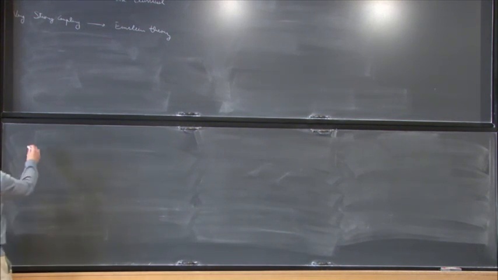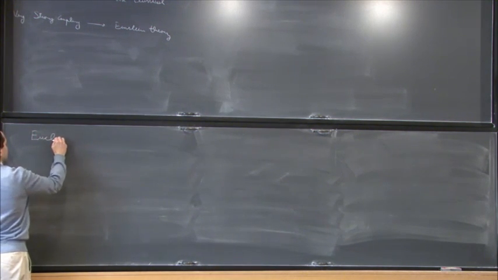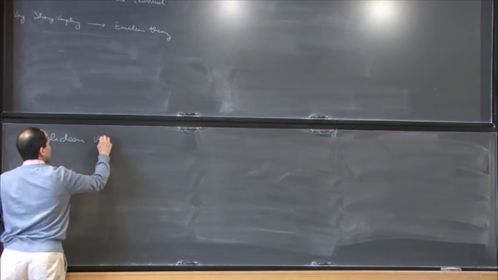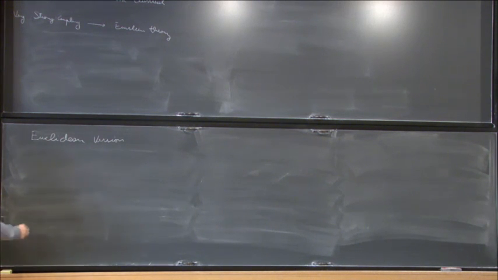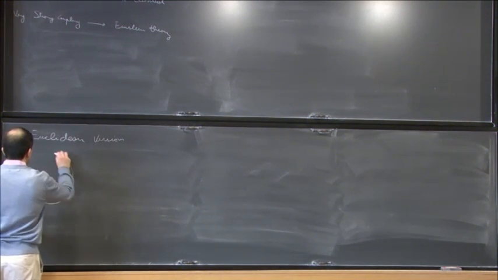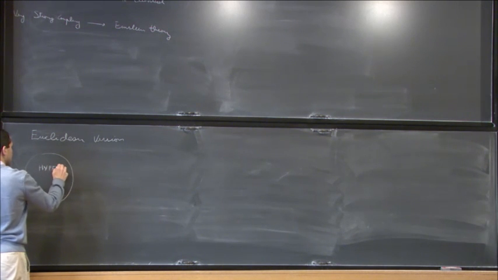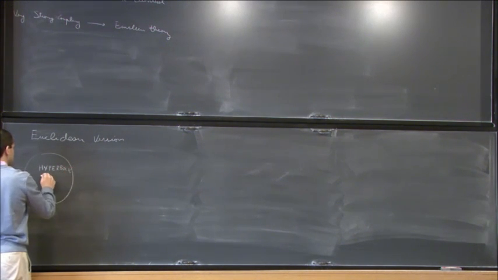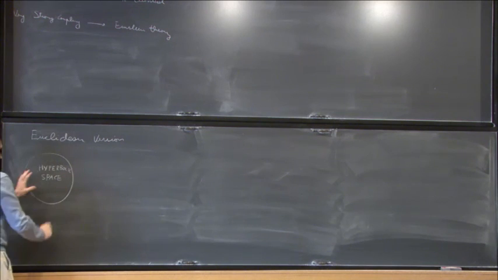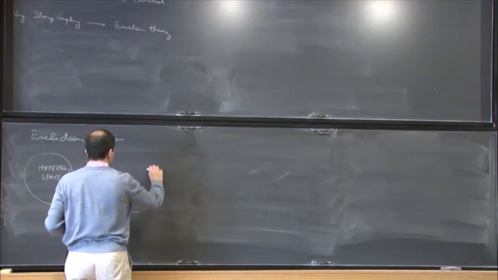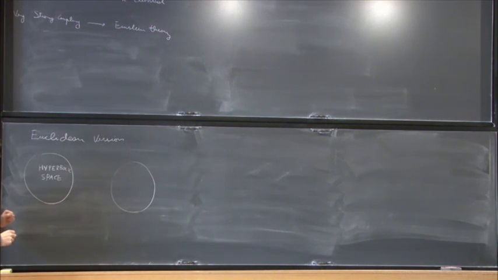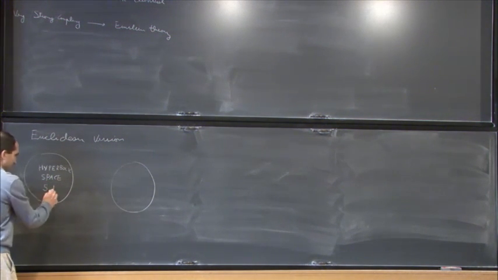Okay. So now we are going to discuss the Euclidean version. By Euclidean, I mean the signature of space. And here, the bulk side will be hyperbolic space. And on the boundary, in principle any dimension. Let's say, just to be more precise, 5-dimensional hyperbolic space.